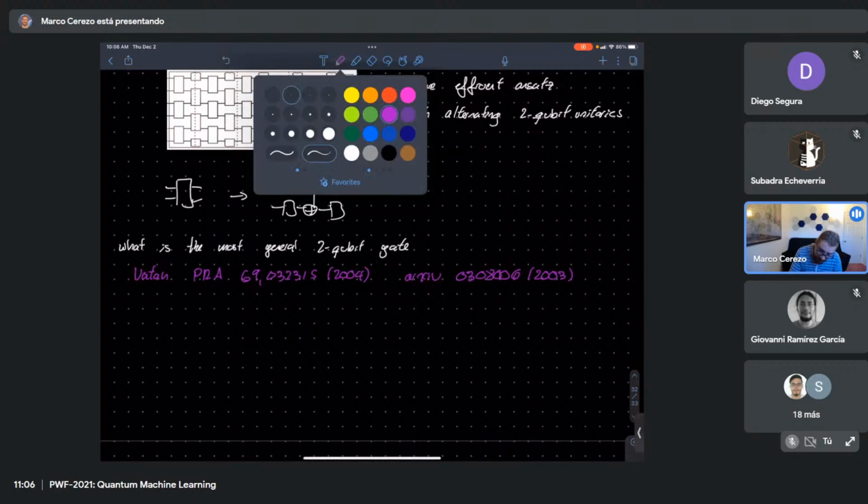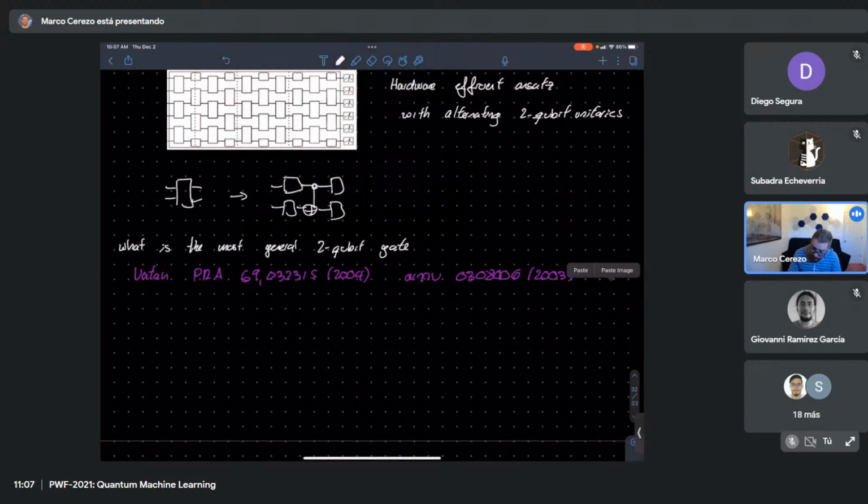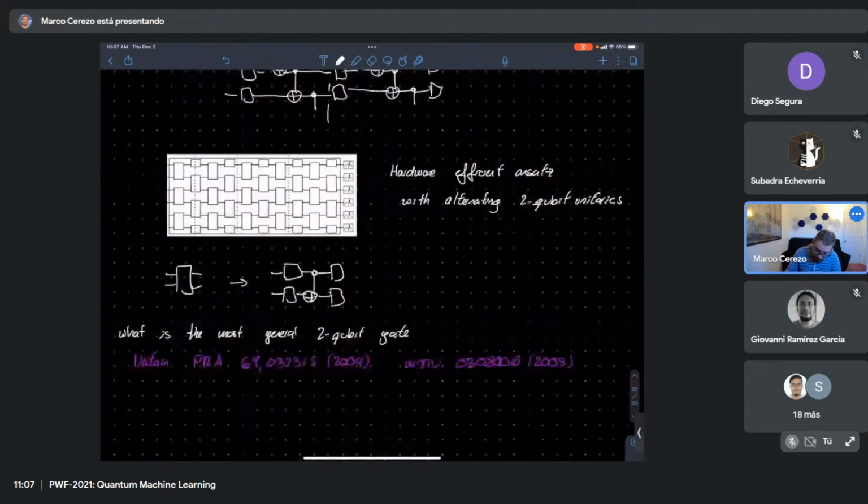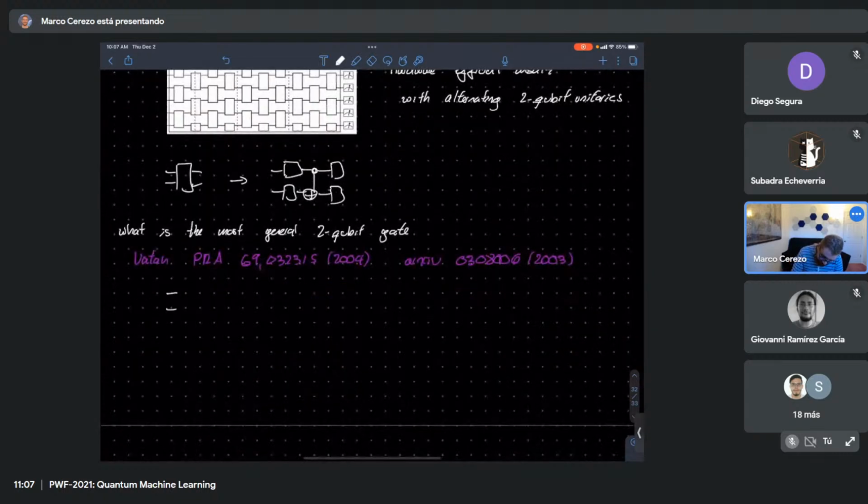And what they showed is that just like we know the most general one qubit gate is this one right here with 3 parameters, there is actually a way to find the most general two-qubit gate, and it's actually this one. Let me just write it first, and I'm going to explain it afterwards. We have a CNOT here going in this direction.